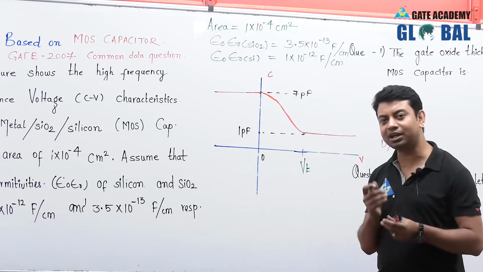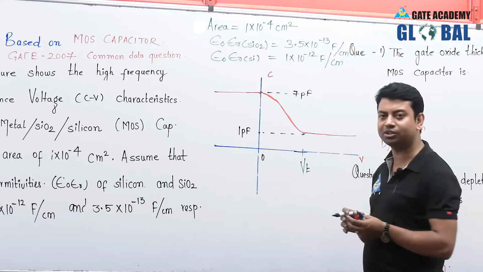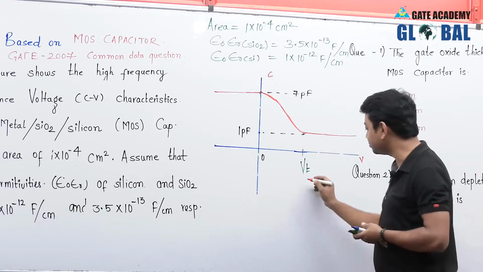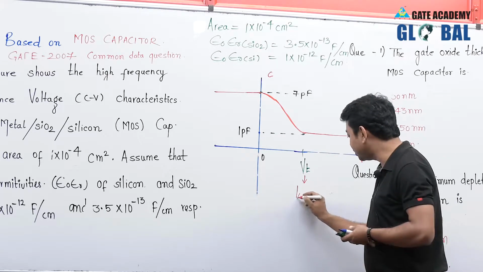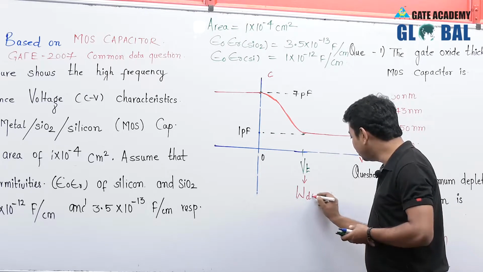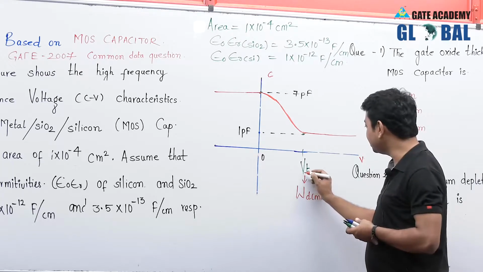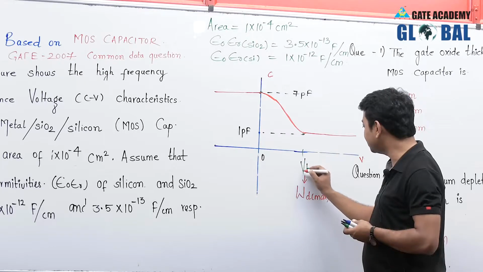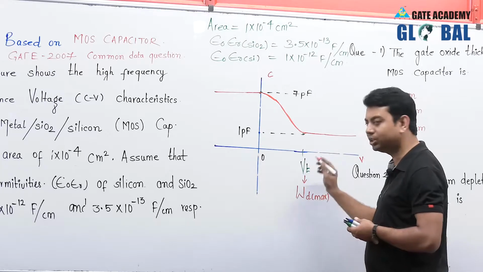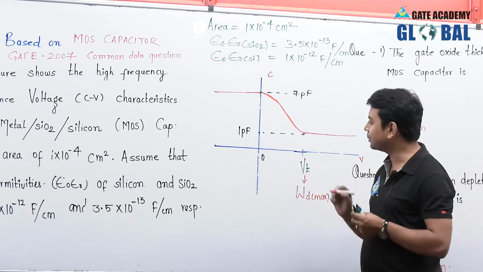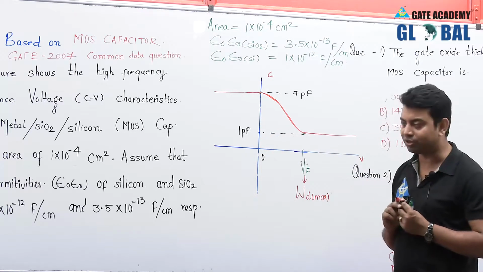When we apply a gate voltage greater than the threshold voltage, the width of the depletion region is at its maximum, which I represent as WD max. This is the threshold voltage applied at the gate terminal, and it corresponds to a capacitance equal to 1 picofarad.